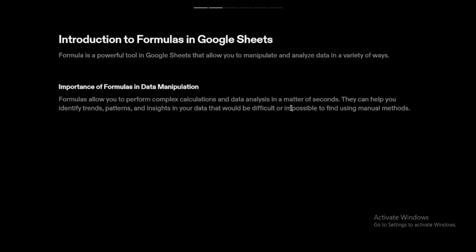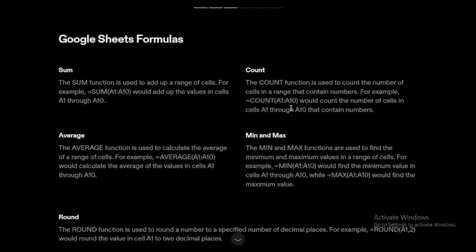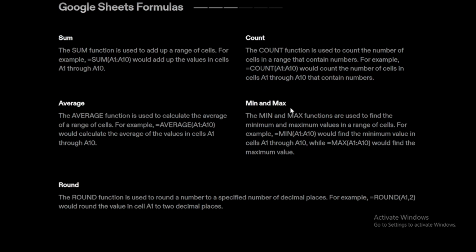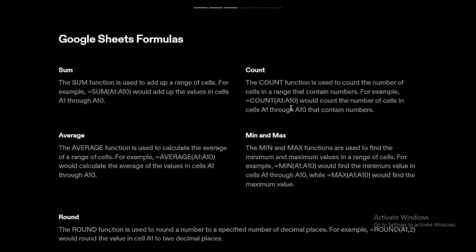Sometimes a formula can be used in conjunction with a built-in function, say sum, average, minimum and maximum, count, and round. So let's dive into the Google Sheet and see how we can use it.